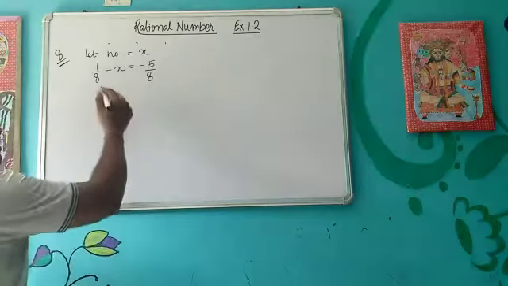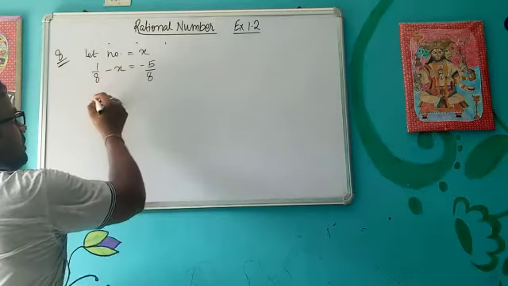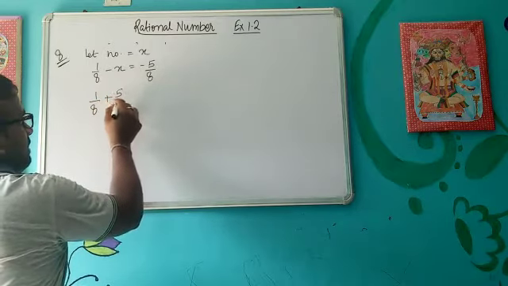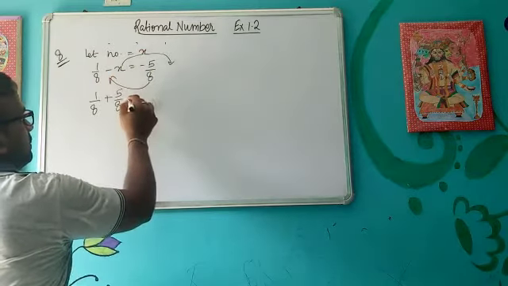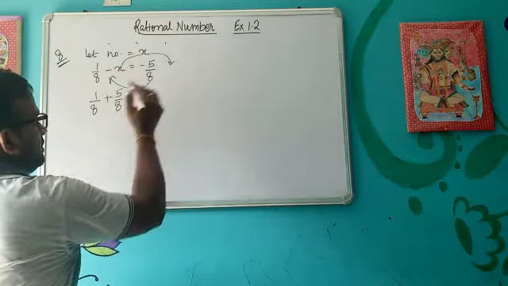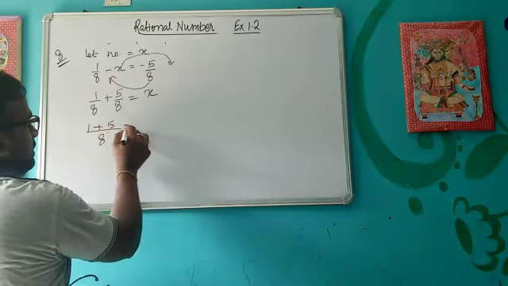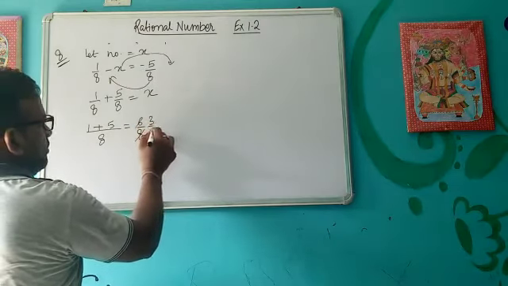So what I am going to do is bring this minus 5 by 8 here, and it becomes 5 by 8, and this x I am going to bring here. So minus x becomes plus x. Then 8 will be the LCM. You will get 6 upon 8 or 3 upon 4.